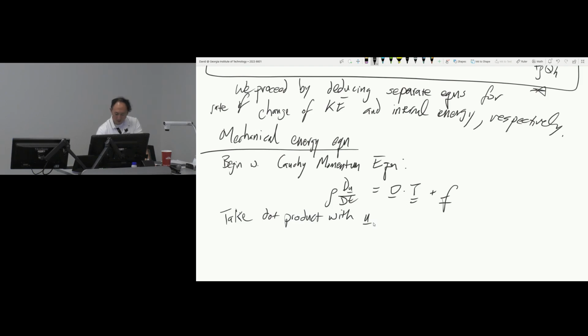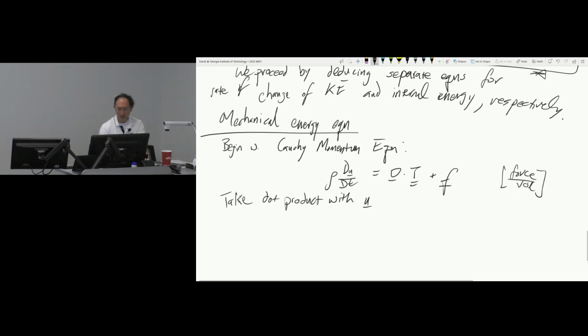So this equation above has units of force per volume, right? And we want to turn that into energy. Well, at least energy per unit volume, you're going to be multiplying by velocity. Because to review, remember, force times velocity is going to equal power, right? So that's the rationale for what we're doing.